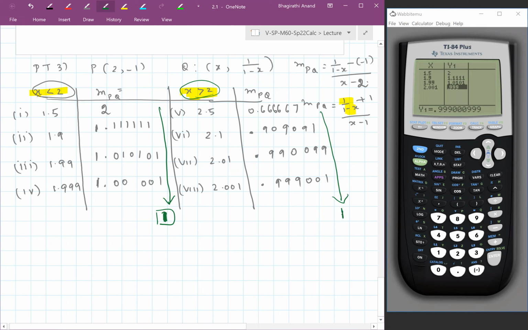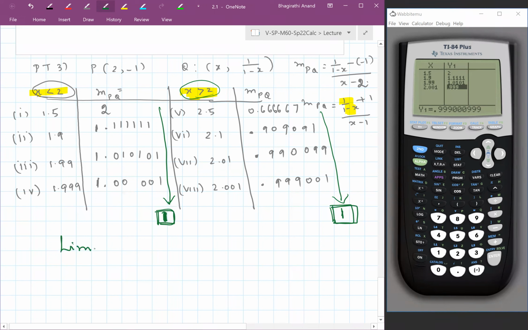And here also they approach the value 1. So the limit of the slopes of the secant lines is, in this case, both from the left and from the right, all of them approaching the value 1. So that is called the limit. Limit of the slope of the secant lines is 1.